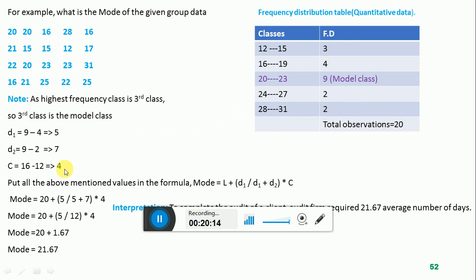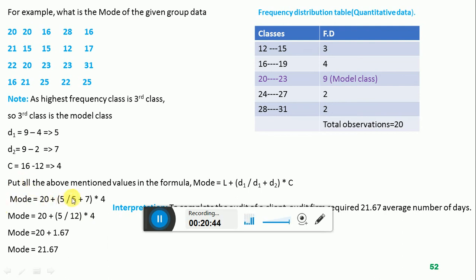Now we will put all this information in the mode formula: L plus D1 divided by D1 plus D2, multiplied by C. Mode is equal to the lower limit of the modal class, which is 20. The third class is the modal class and its lower limit is 20, so we substitute 20 for L. Now D1 is 5, so we substitute 5 for D1.